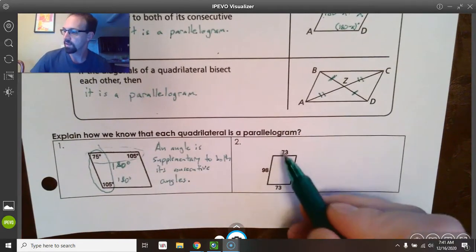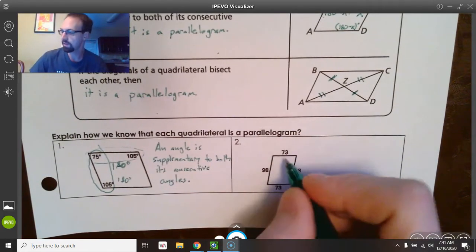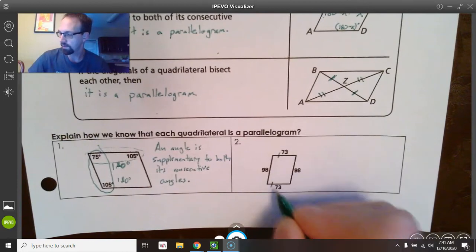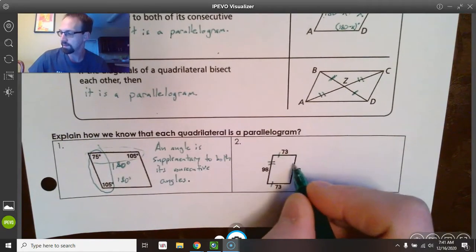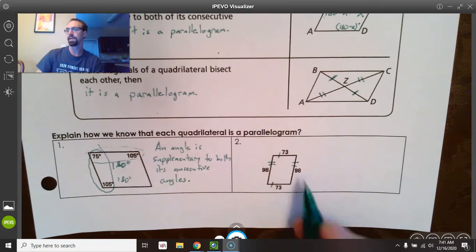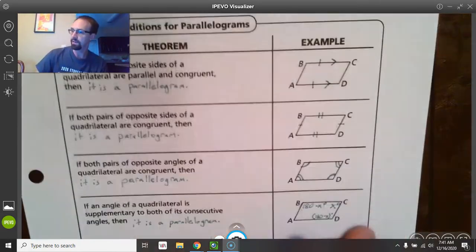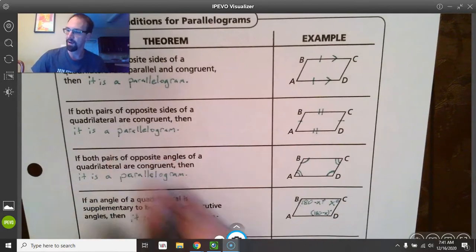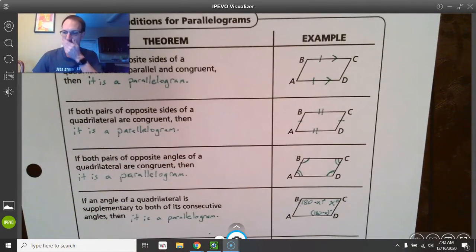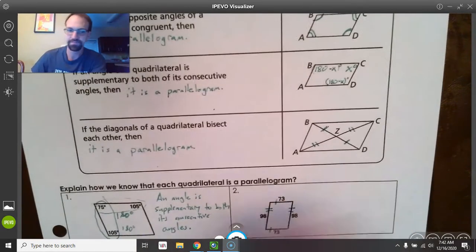And this one here, 73 and 73 are the same length. So these two sides are congruent, and 98 is the same length as 98. Those two sides are congruent. So that's if both pairs of opposite sides of a quadrilateral are congruent, then it is a parallelogram.